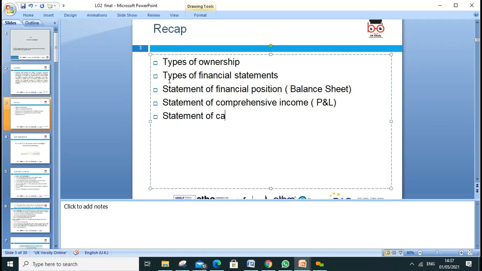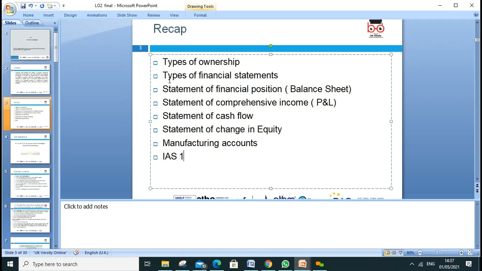We discussed the statement of cash flow, what we call the cash flow statement, and the last statement, the statement of change in equity, we call the shareholder statement, and we discussed manufacturing accounts. So that's all we discussed during our last lesson.